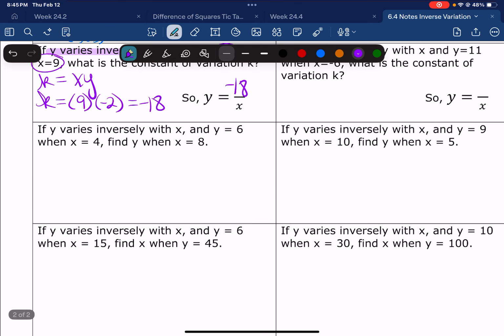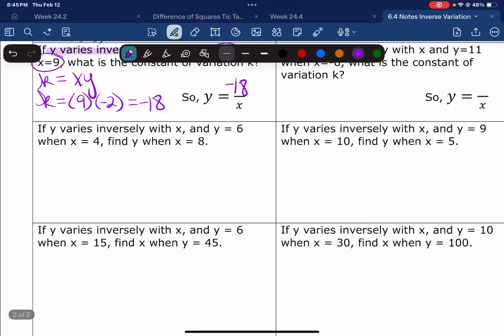All right, so now let's take that information and see if we can find other missing values in our function relationship, okay? So if we know that y varies inversely with x, let's highlight. We know y varies inversely with x. We also know that y equals 6 when x is equal to 4.